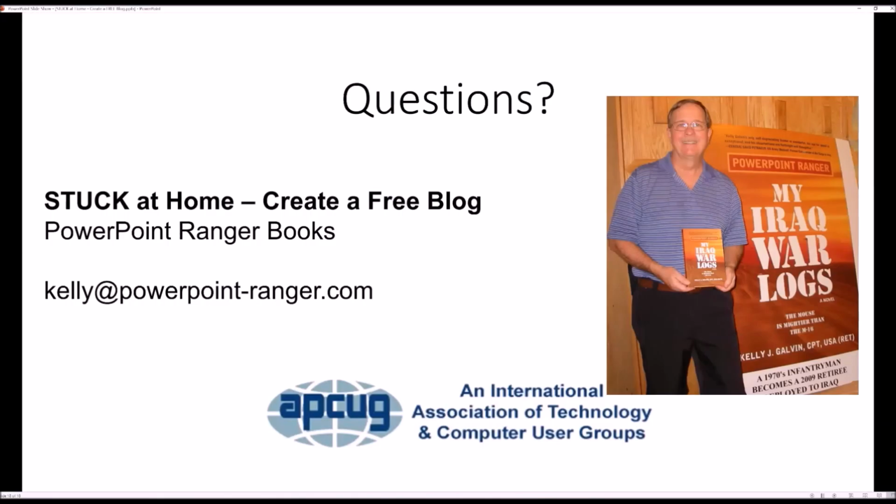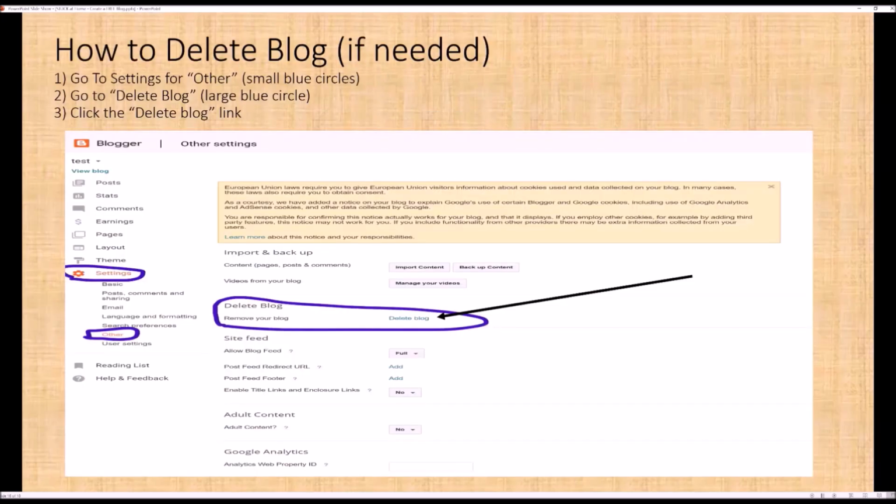Good question here. Do you need a blog for each subject, or can you combine related posts under a specific heading under your one blog? Yes. Let me go back here.